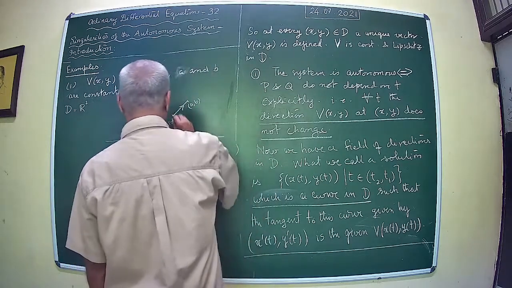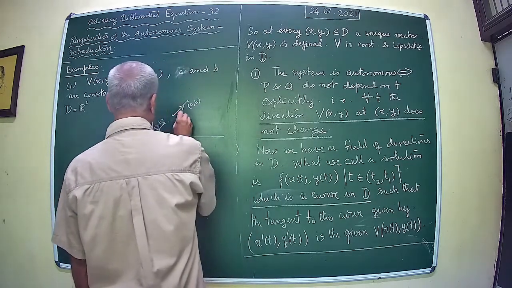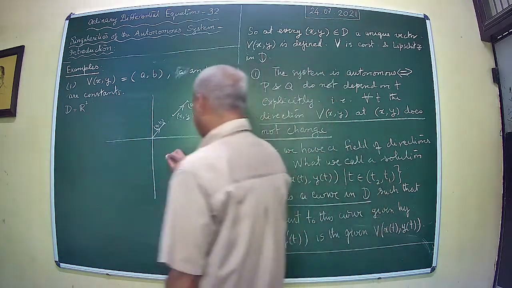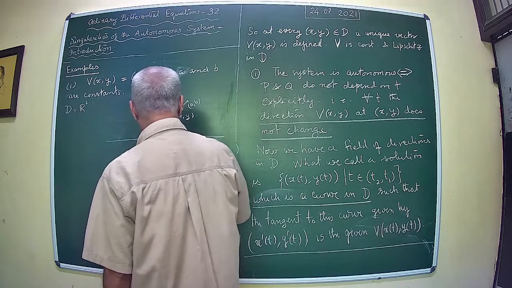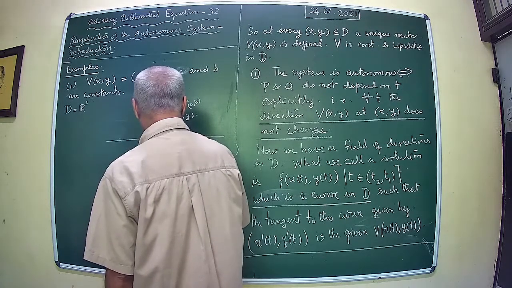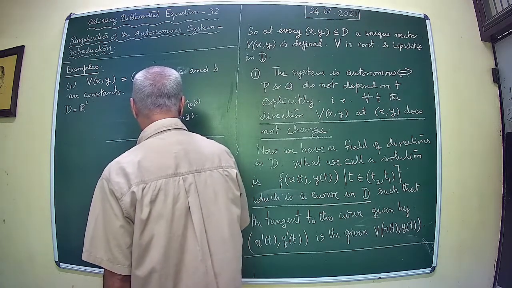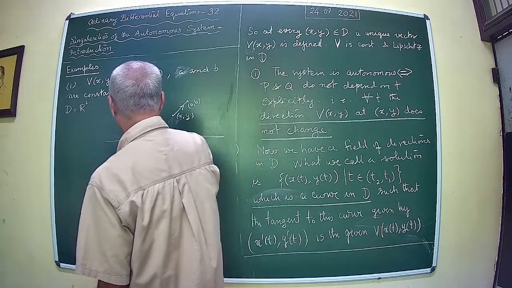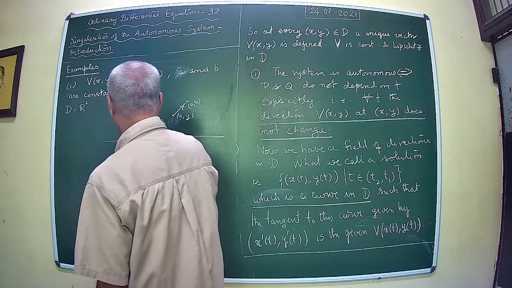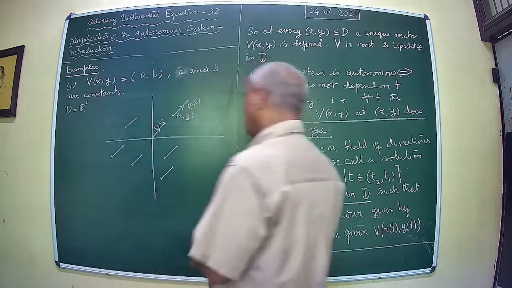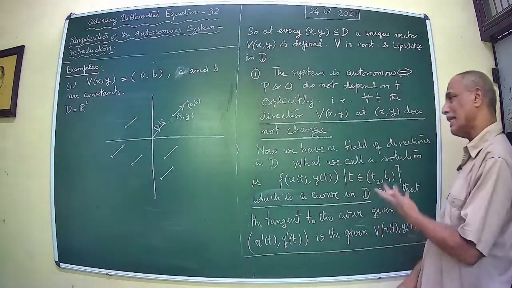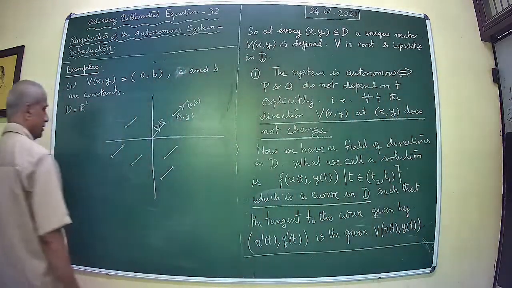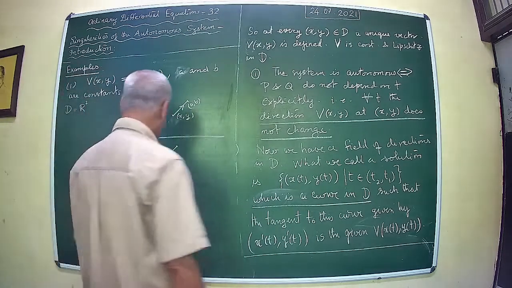At every point these are parallel vectors. So geometrically you can immediately write down what the solution is. What is the solution? It's quite clear. It's a line.